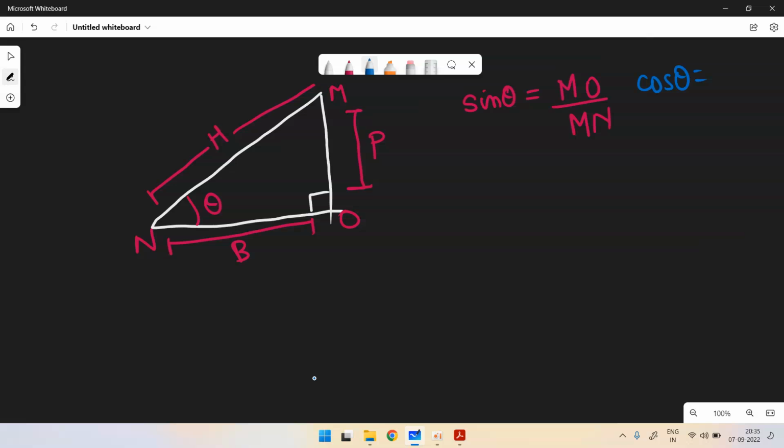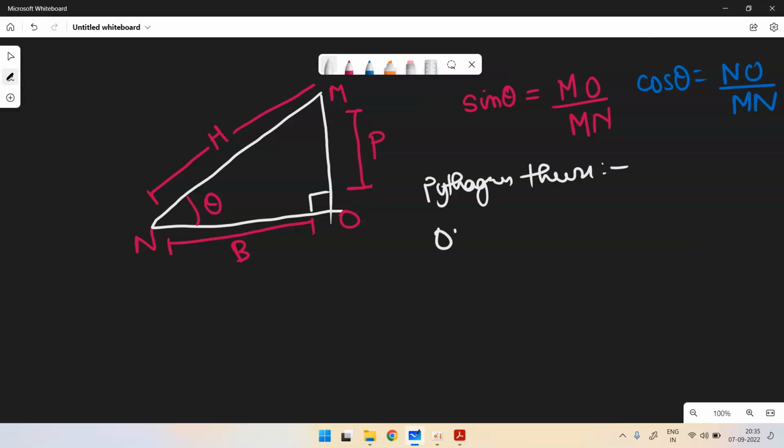Sir, base is NO by MN. Now you know that using Pythagoras theorem. I have already told you that whenever there is a right angle triangle, it must click in your mind that you have to use Pythagoras theorem somewhere. So here also I am using Pythagoras theorem.